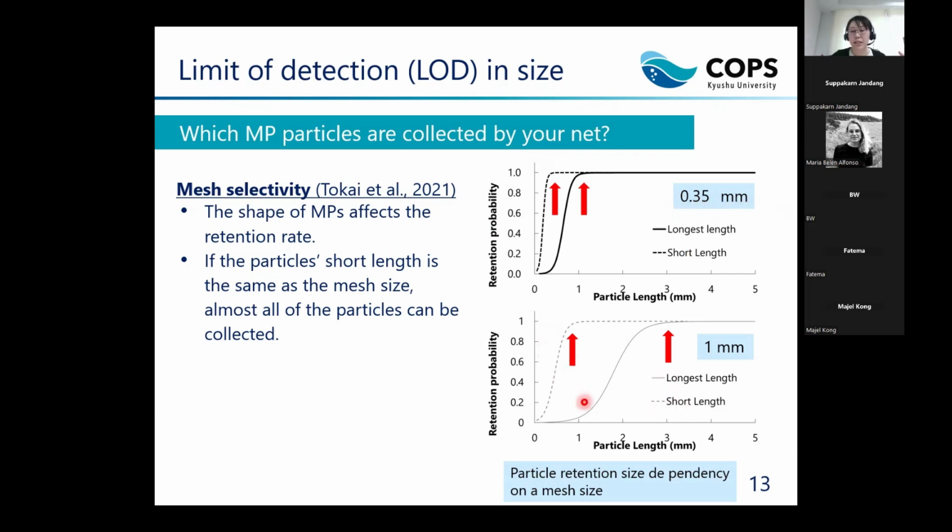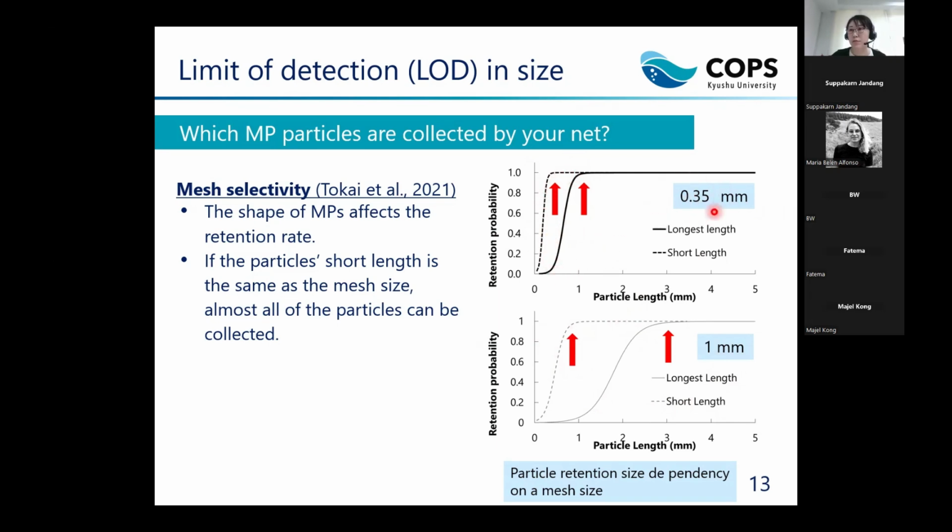And in the lower panel, you can see the result of the 1 millimeter mesh size net. The solid line here means we consider the particle length, or the longest length of the particle, and the dashed lines here are data for when we consider the shortest length of the particle.